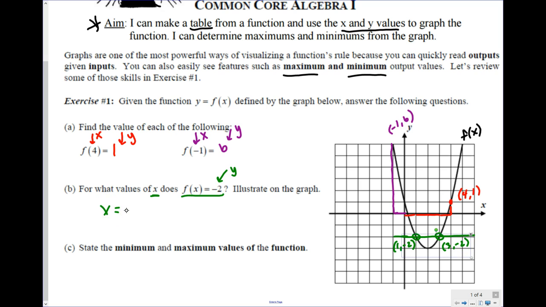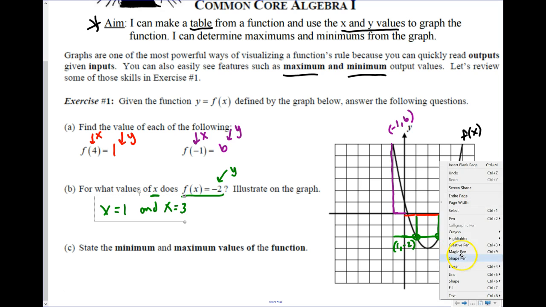X equals 1 is an answer, and x equals 3 is an answer, because at 1 right here and at 3, it hits the graph at these 2 points at y equals negative 2. So that's okay. Sometimes in functions you're going to get two y values that are the same but different x values. That's okay. Letter C says state the minimum and maximum.